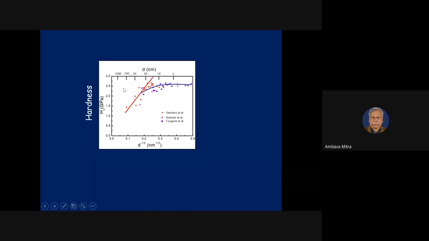This is the limitation of the Hall-Petch equation.